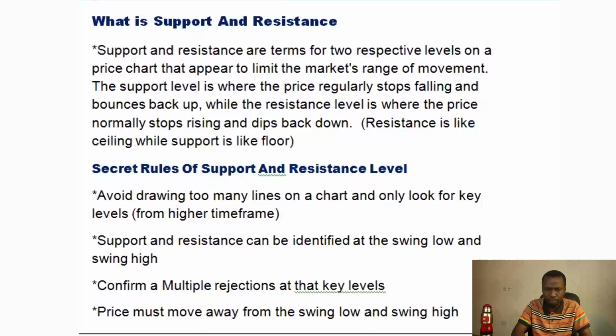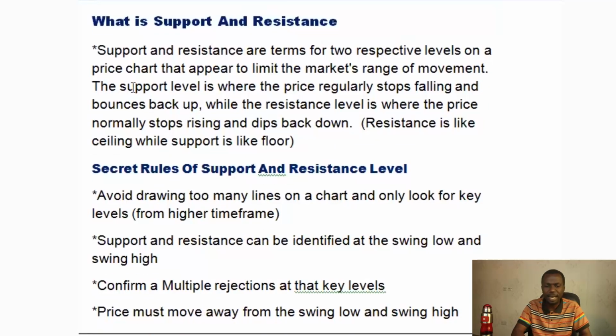By so doing, you can recover your loss. That is why your stop loss is very, very important in the market, because it helps to protect your capital in case the market is misbehaving.